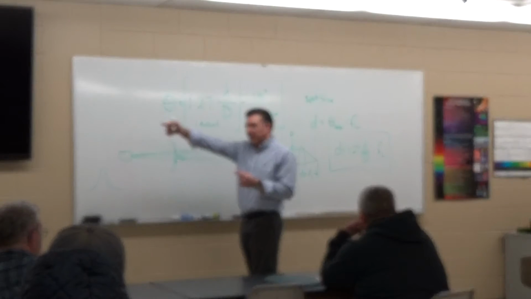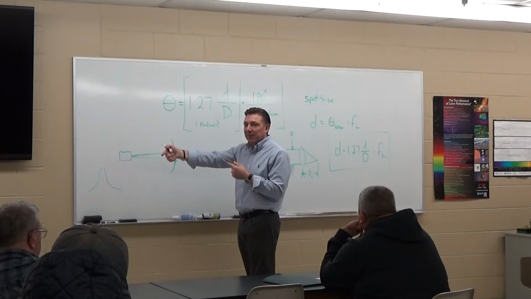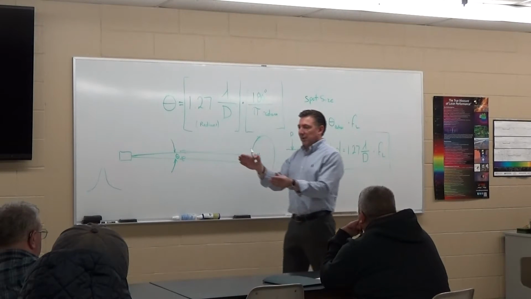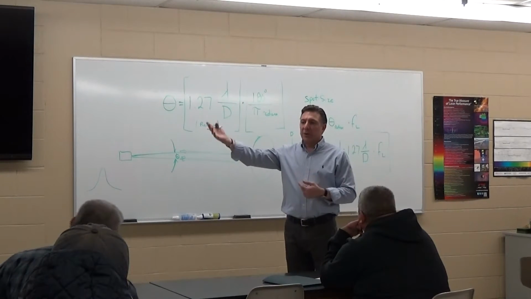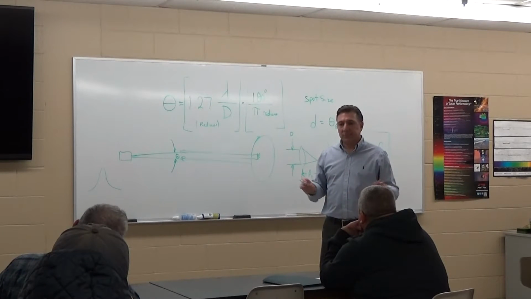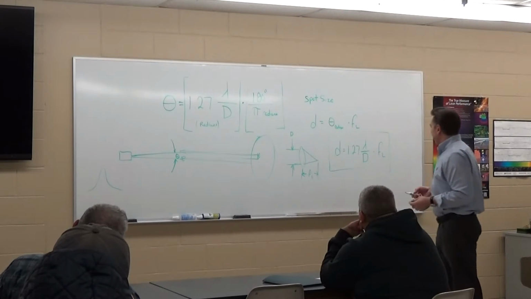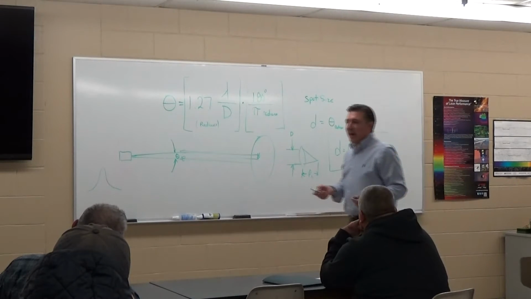Okay, how long does it take for the light to come back? You have to have enough energy to get back, to be detected. So the less the divergence of the beam, the more energy you're going to have in the return signal, the easier this is detected. Right? Makes sense? Good? Everybody's nodding their head, that's good. All right, so size matters.